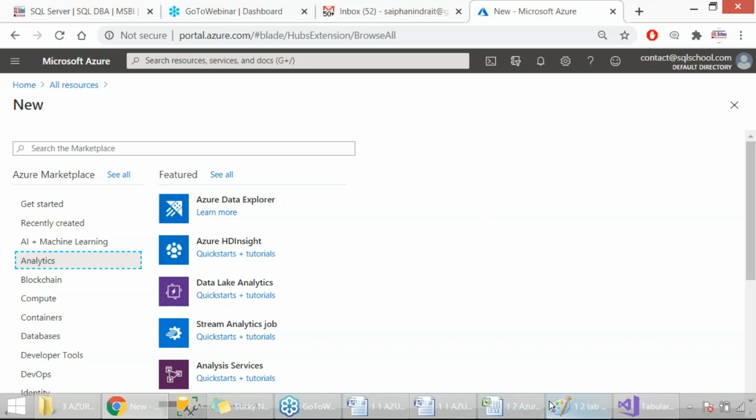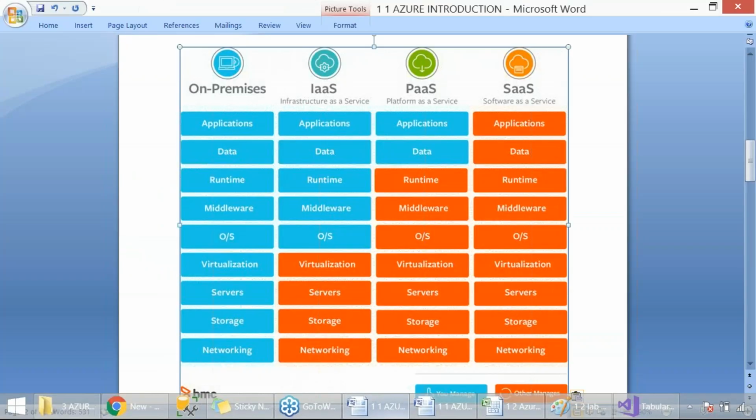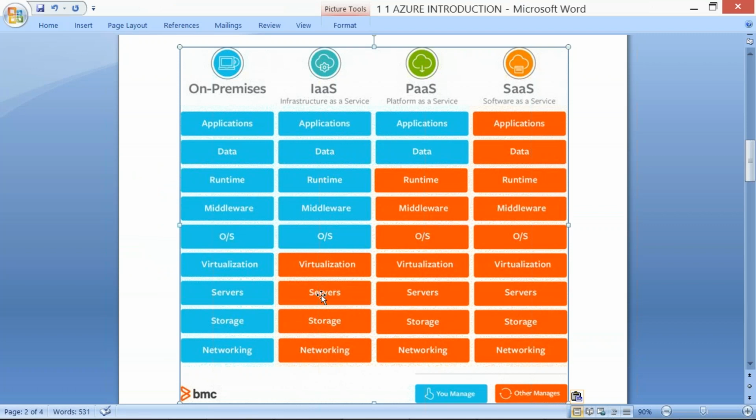So those come under the examples for IaaS. So 3 different implementations are supported by the Azure environment.